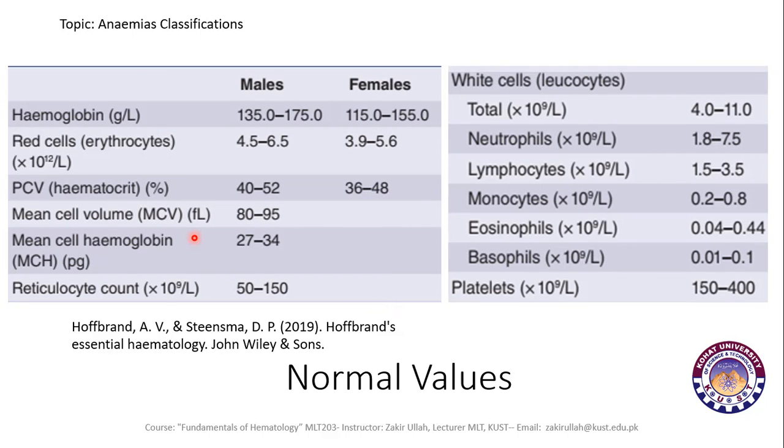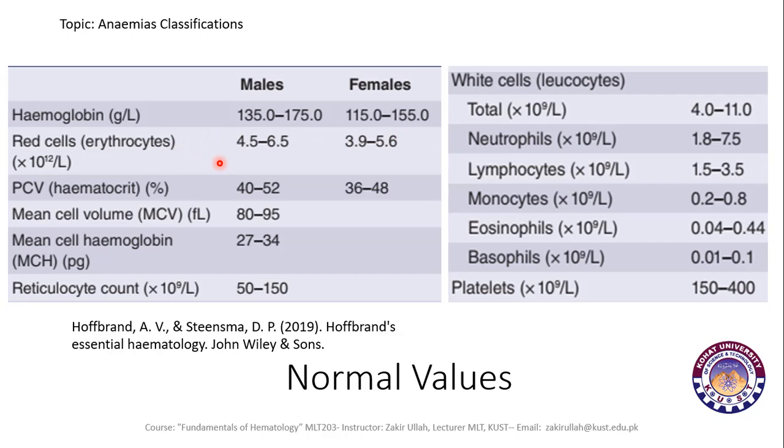These are the normal values in case of male and in case of female. The hemoglobin normal values range from 135 to 175 gram per liter in male, and in female 115 to 155 gram per liter.